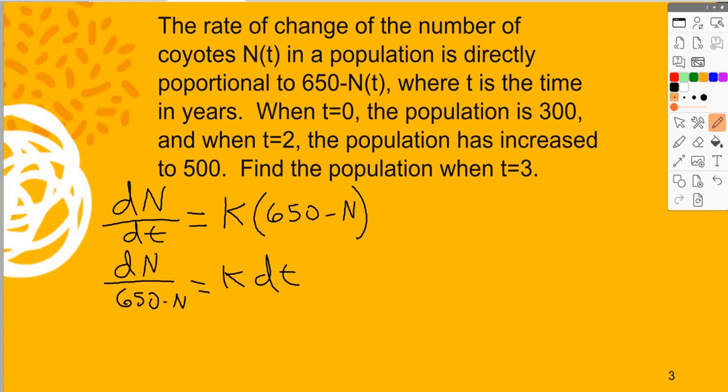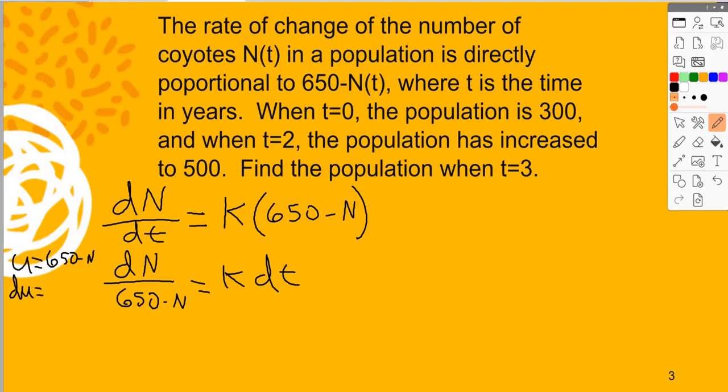So I'm going to end up with something very similar to our normal population growth model, but it is going to be slightly different because we have this 650. So how do we take the antiderivative of the left side? Natural log, u sub. Yes, it is going to have to be a u sub. So my u is going to be 650 minus n. So what's our du? Negative 1.